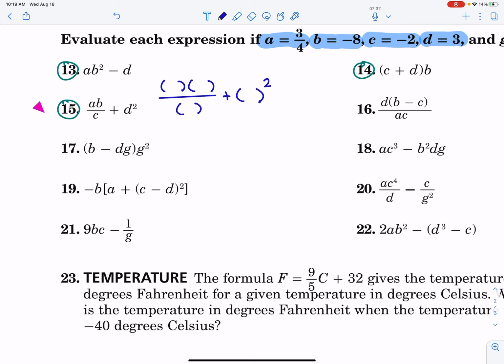Right? A is going to be 3/4. B is going to be -8. C is going to be -2. And D is going to be 3 squared.